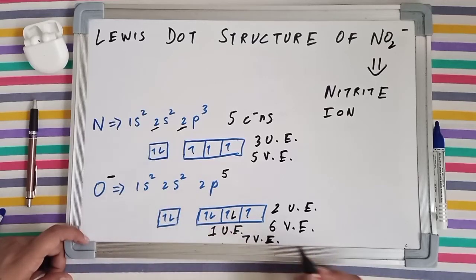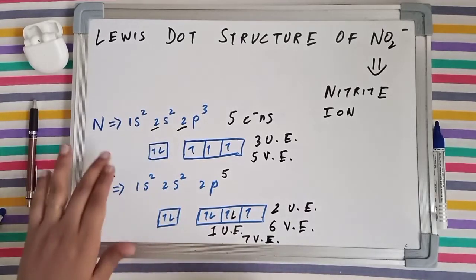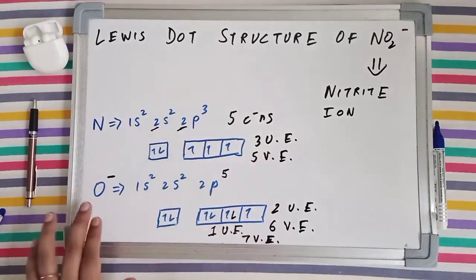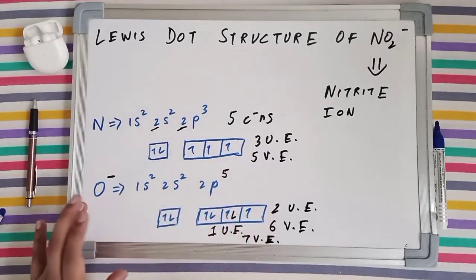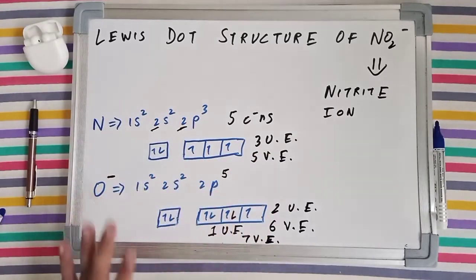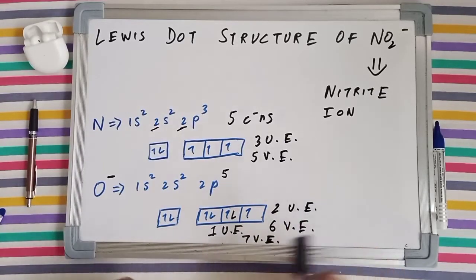So nitrogen will make 3 bonds, oxygen will make 2 bonds, and O minus will make just a single bond.